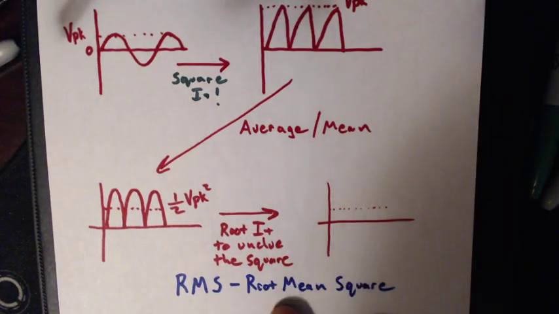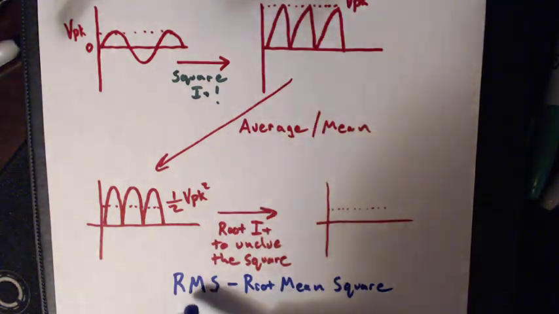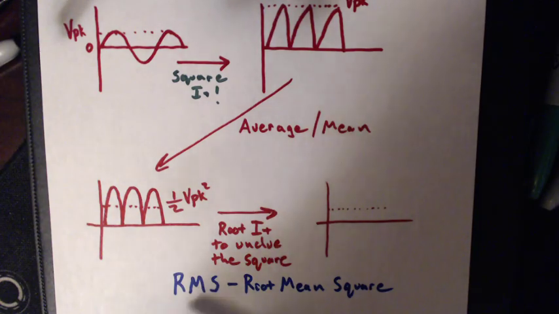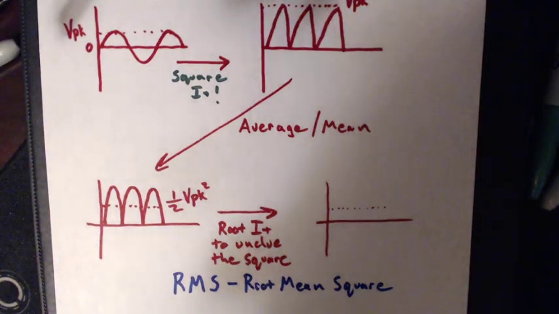Why is it backwards? I think it might have to do with language in other countries. Root, mean, square. Okay, so this is what we mean when we're talking about RMS. Now, we need to go ahead and write out an equation for this. Real straightforward one.